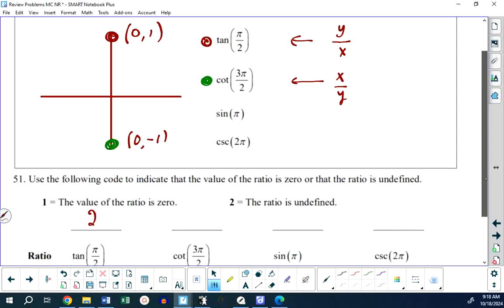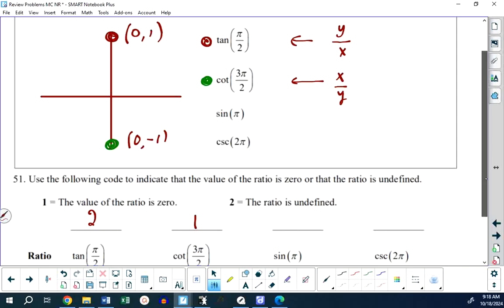That's allowed. You are allowed to divide 0 by non-zero numbers. 0 over a non-zero number is 0. Other way around is not defined. So cotangent will be equal to 0, which is number 1. And I admit this kind of question with the 1s and 2s is confusing because the 1 doesn't actually mean it's equal to 1. It means it's equal to 0.